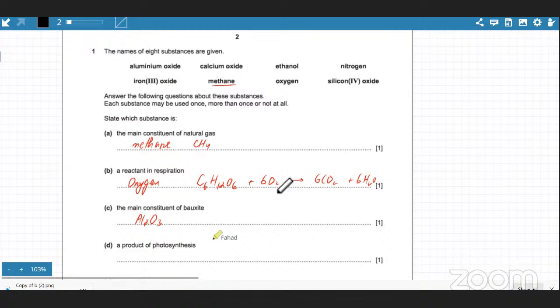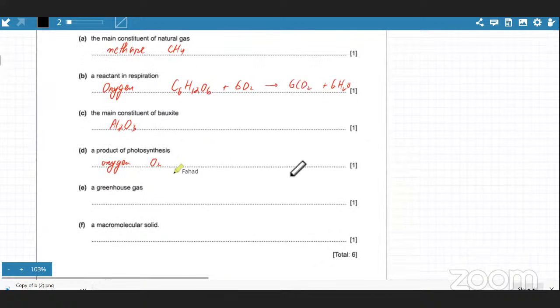This is the opposite: if you read this equation in the backward direction, that is photosynthesis. So the product of photosynthesis is either glucose or oxygen gas. It's going to be oxygen gas as well, so that's being repeated.